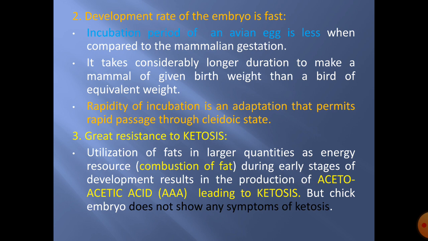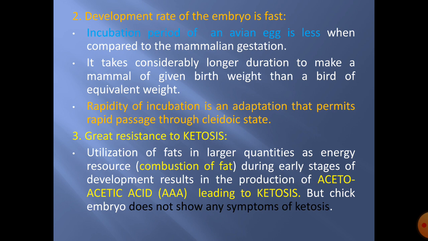Then the third metabolic property is that they have remarkable resistance to ketosis. They utilize fats in larger quantities to meet their energy requirements, as I was telling you. And this combustion of fat during the early stage of development results in a product called acetoacetic acid, AAA, leading to the formation of ketone bodies, and accumulation of these ketone bodies in the body is called ketosis, which is a pathological condition in humans.